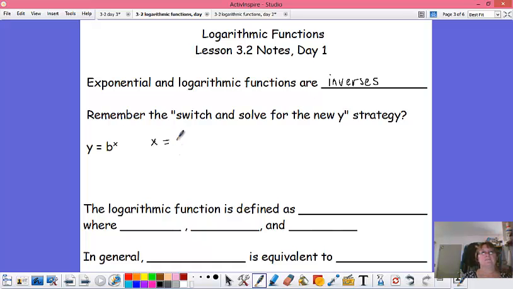In logarithmic terms, that becomes x equals b to the y, and to write this in log form, we would say y equals the log base b of x, or y is the power you raise b to in order to get x.